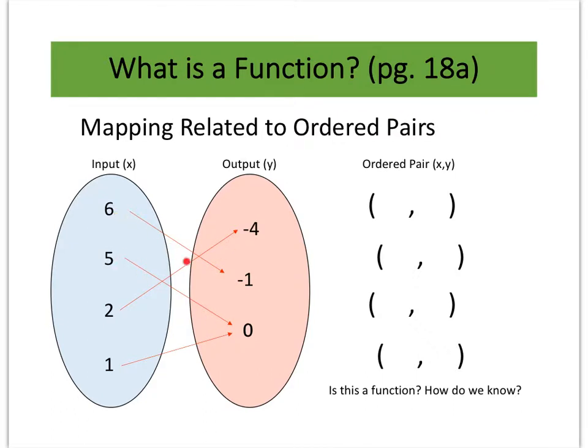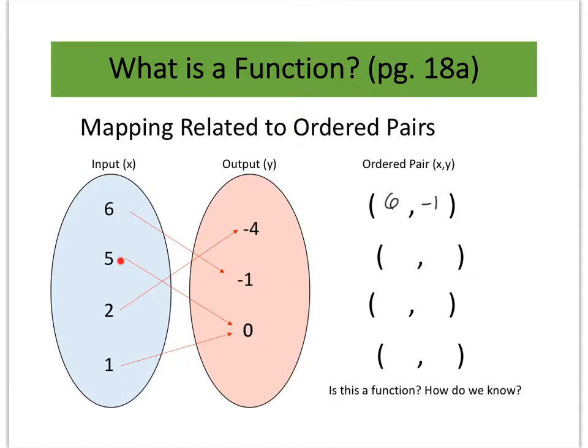So input 6 is linked with output -1, input 5 is linked with output 0, 2 with -4, and 1 with 0. Now ordered pairs come in XY form, so my input is my X, and my output is my Y. If I wanted to start writing this mapping, as an ordered pair, I know that 6 goes with -1, so I would write 6, -1.